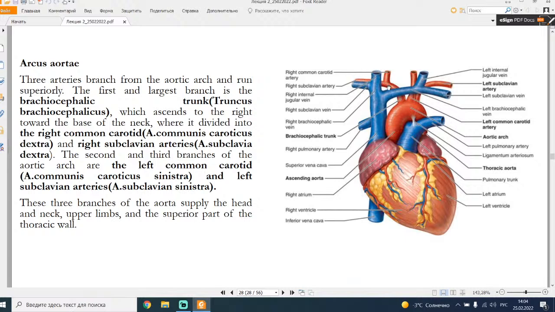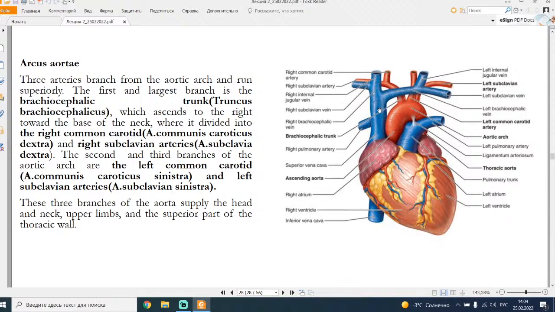The second and third branches of the aortic arch are the left common carotid, arteria carotis communis sinistra, and arteria subclavia sinistra.